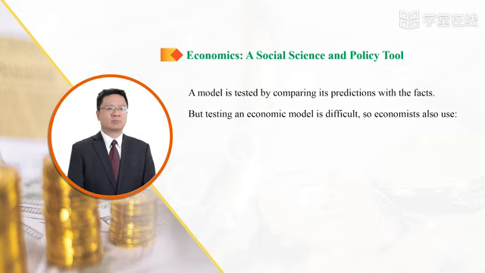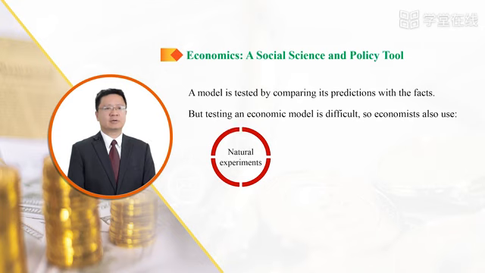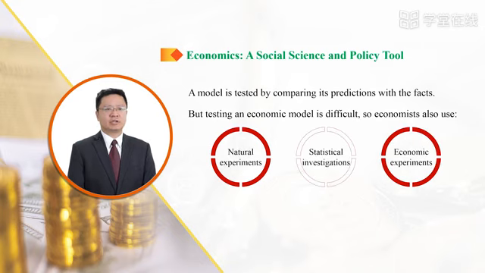To cope with this problem, economists look for natural experiments, conduct statistical investigations to find correlations, and perform economic experiments by putting people in decision-making situations and varying the influence of one factor at a time to discover how they respond.